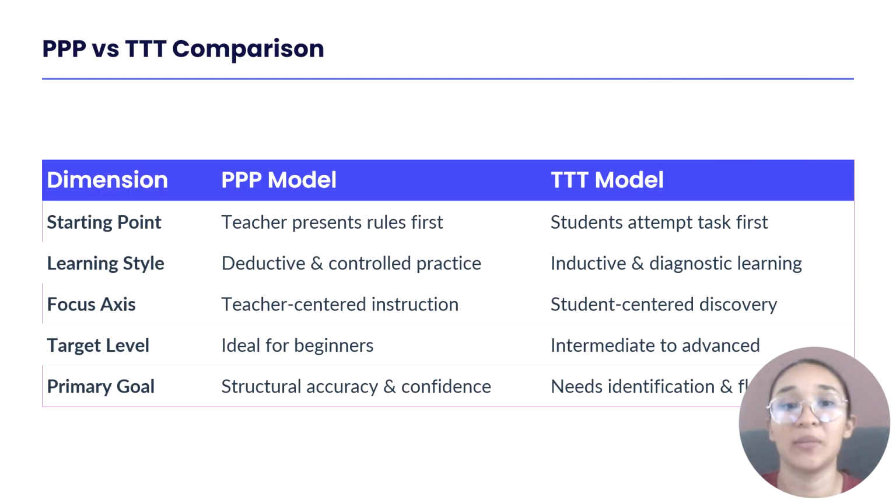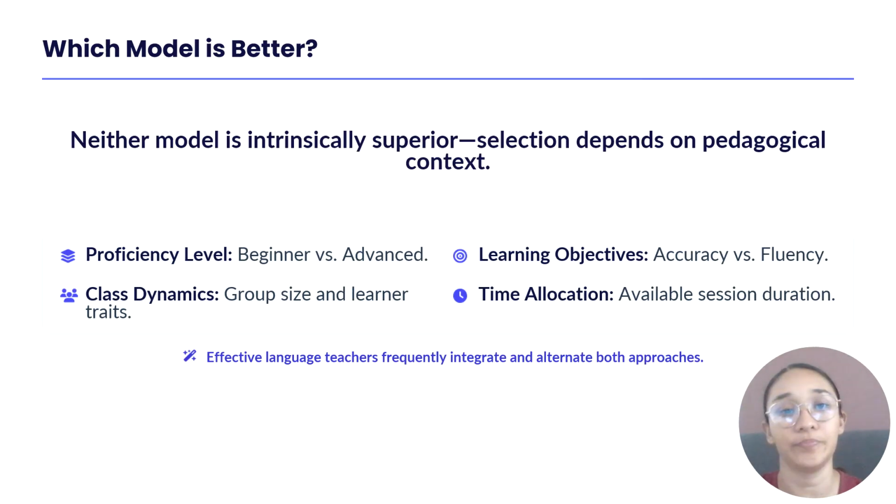Also, the PPT method is usually better for beginner learners, while the TTT works better with intermediate or advanced students, because they already have some background information or knowledge about English.